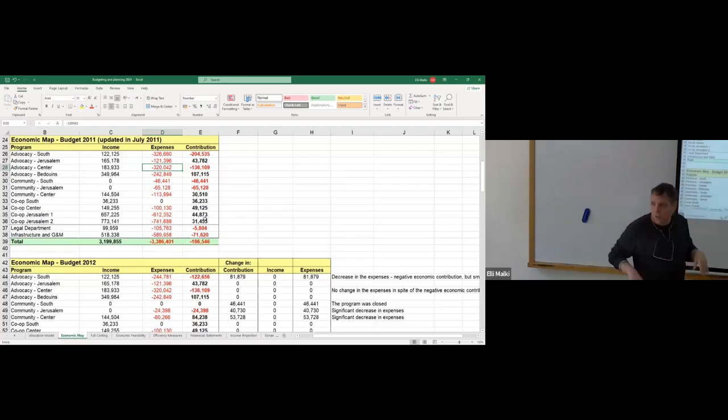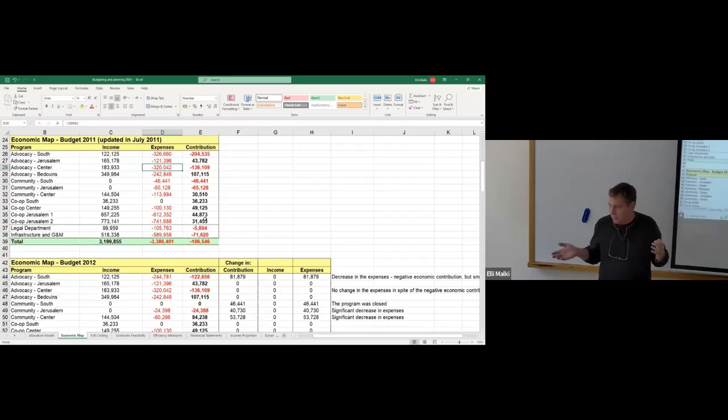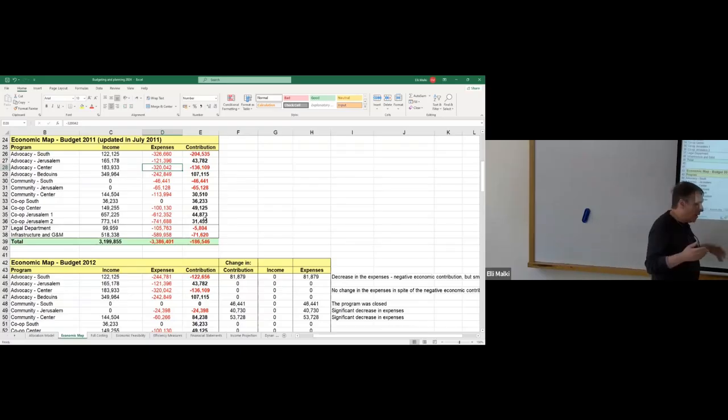As for the community programs, her words, not mine: I can live without them. I can close them, I can discontinue them. They were less important to her on the scale of the social goals. And this exactly is the interaction.